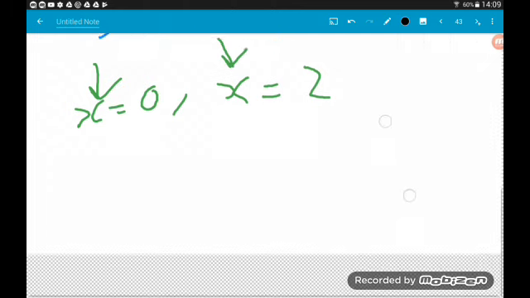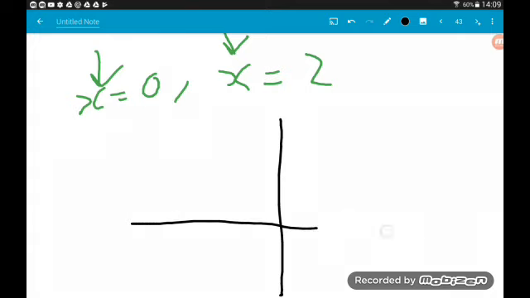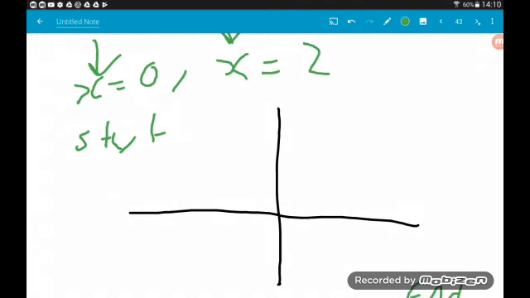Let's have a little go at sketching it. This time we have a negative x cubed term, so our graph is going to start in the top left and it's going to end in the bottom right. So how can it hit the x-axis at x equals 0 and x equals positive 2, such that it starts in the top left and ends in the bottom right?